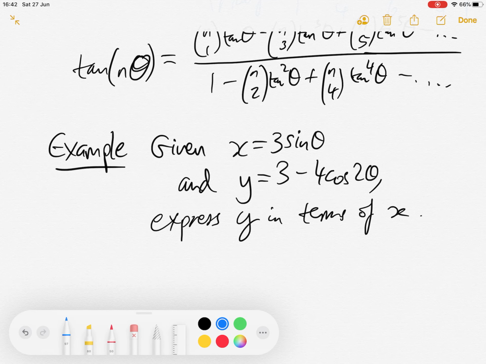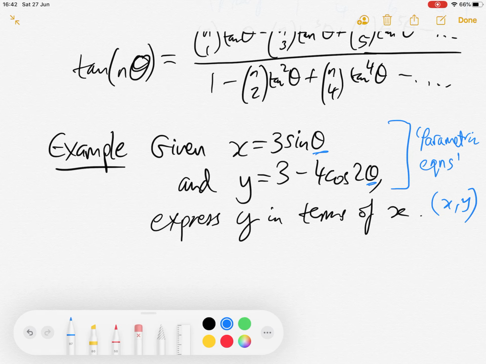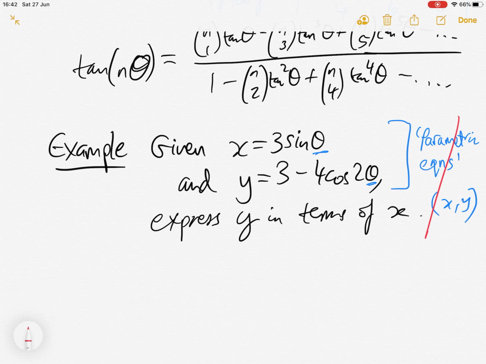Later in chapter 8, we're going to see that these are called parametric equations. So theta here is the parameter, x and y both expressed in terms of theta. So this traces out a curve of points x, y as theta varies. But again, this is not relevant for now, so we'll just forget about this.